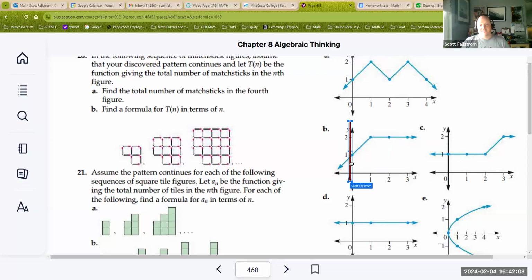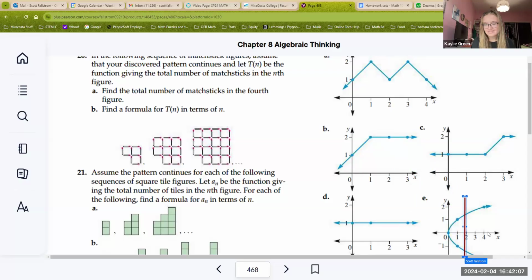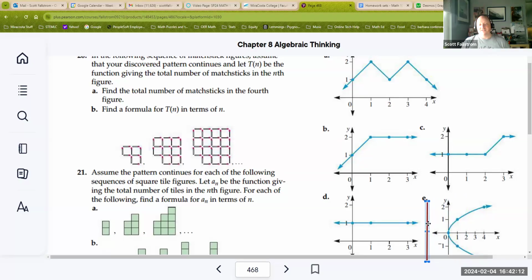Until what? Until down here, right? Because now it's 0, 0, 0, 1, 2. 2, 2, 2, 2 for a long time. And that's where you'd say, I'm sorry.